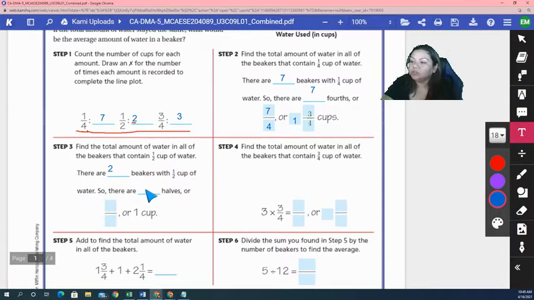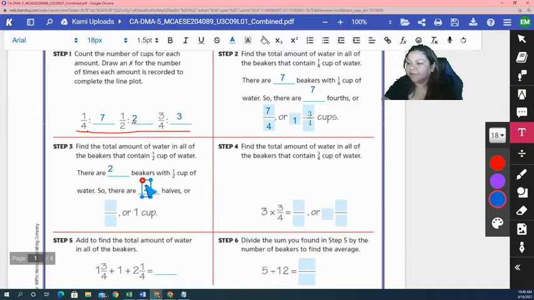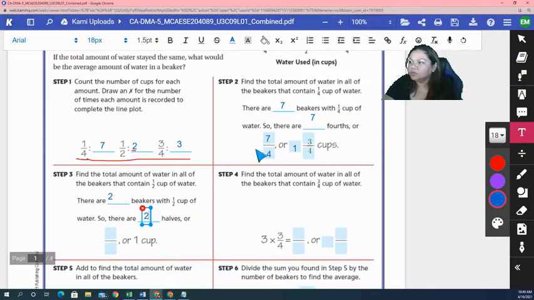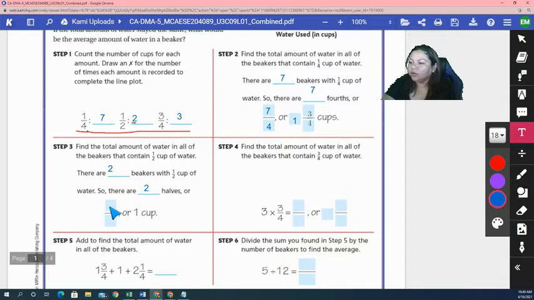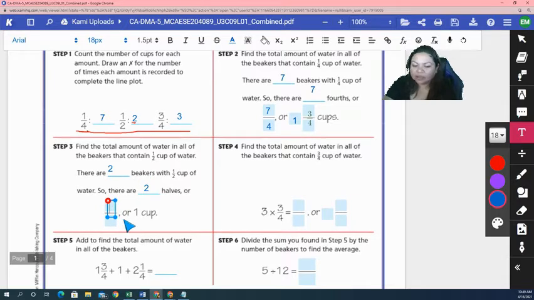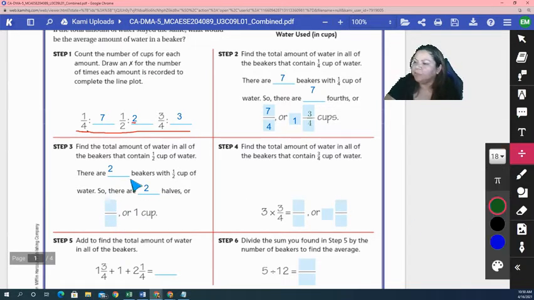So there are 2 halves, based on that information. Or if we write this as a fraction, we have 2/2 because that's 2 halves. Let me use the math symbol. So that's 2 halves.